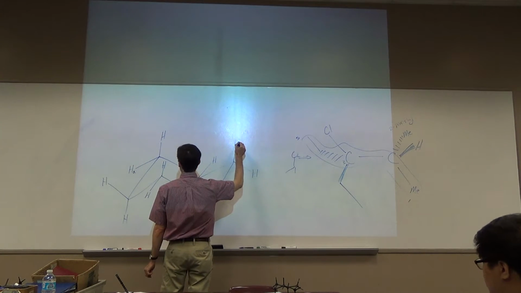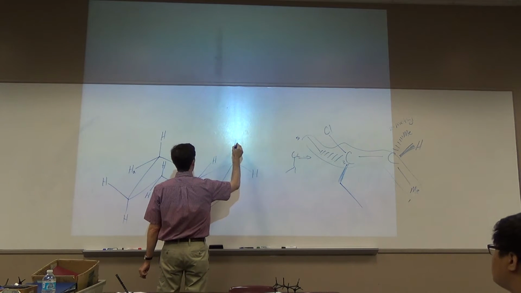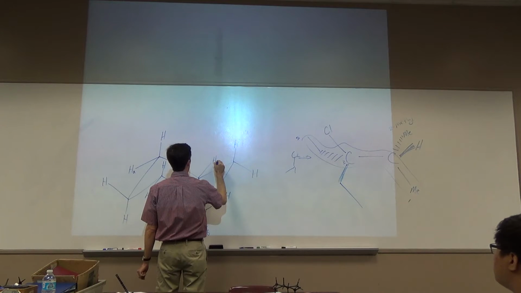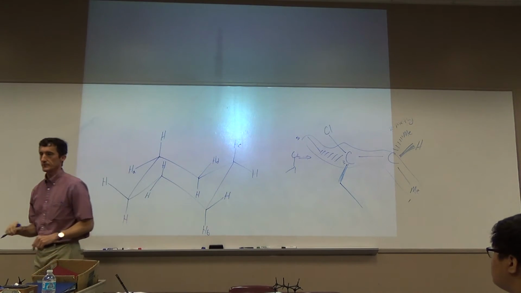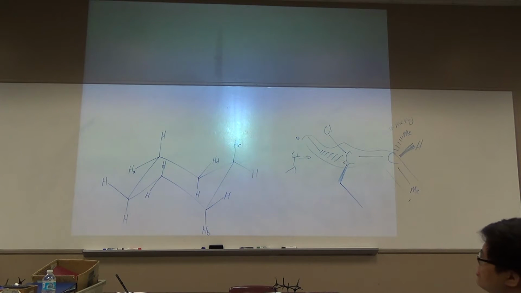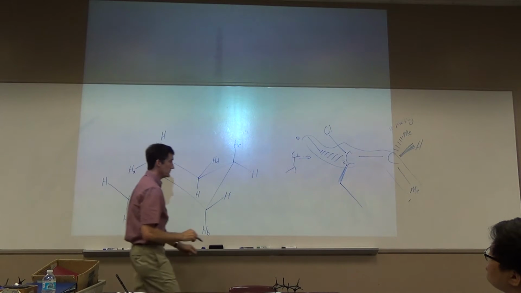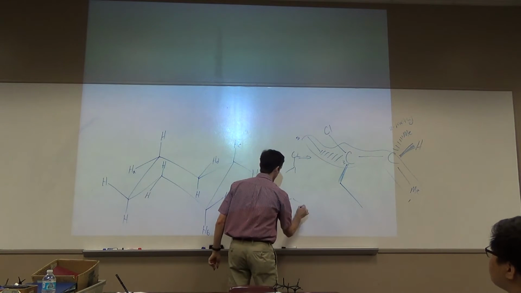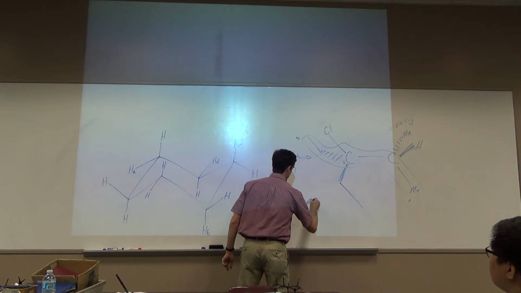And C and D. I'm just randomly picking. So let me ask you, are HA and HB cis or trans? Before we said cis or trans, we did it like this. Right?